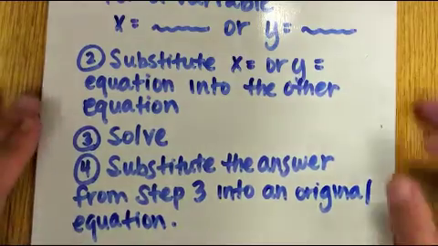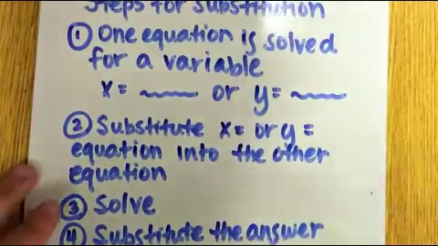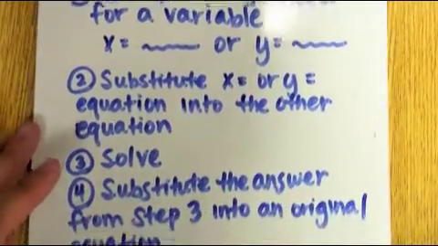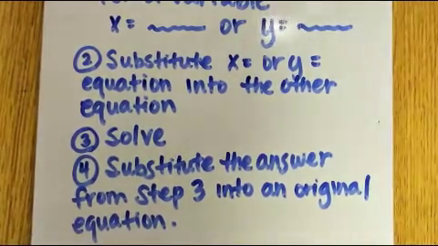Okay, so lots of steps here. A lot of wordy stuff here, but this is better explained once we actually do an example. So digest all steps 1 through 4, and in the next video, I'm going to start doing some examples with you.